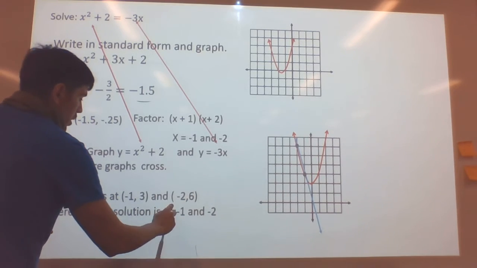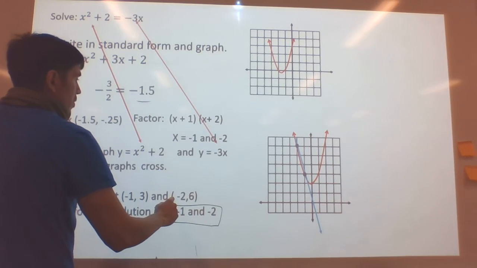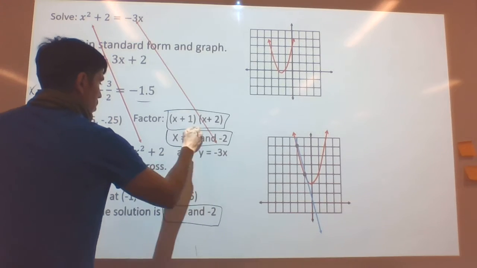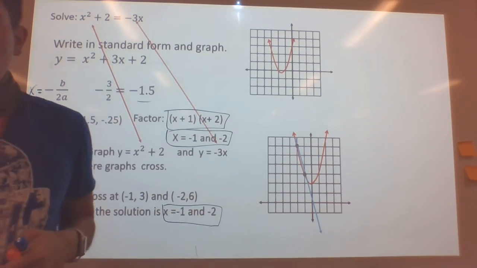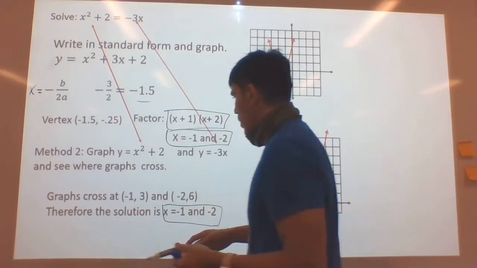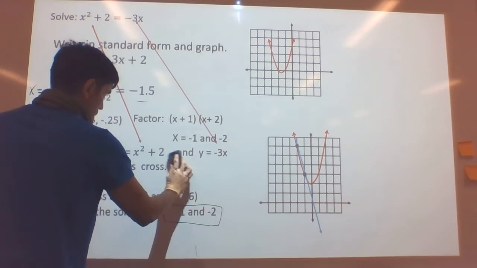So the idea is you can use both methods to solve. We factored and got my zeros, right? Method 2 is to graph the equations separately. You choose which one's simpler for you moving forward. Personally, I like using method 1.